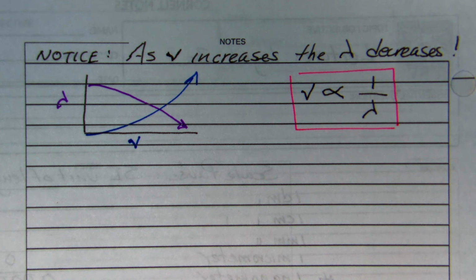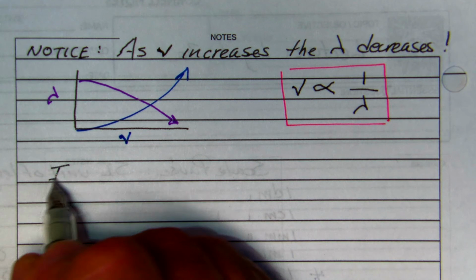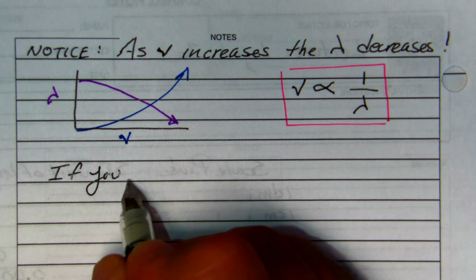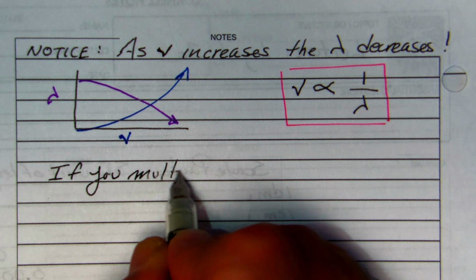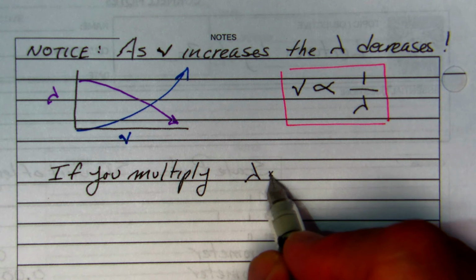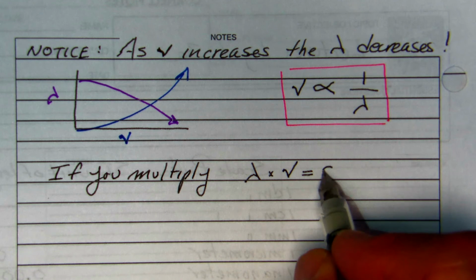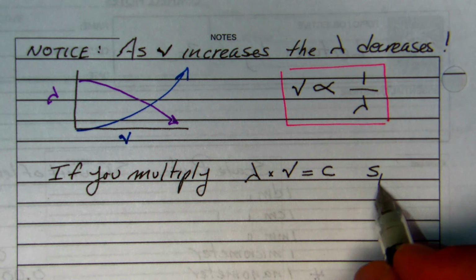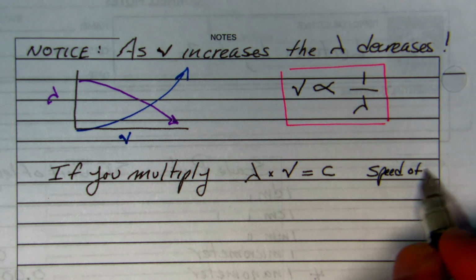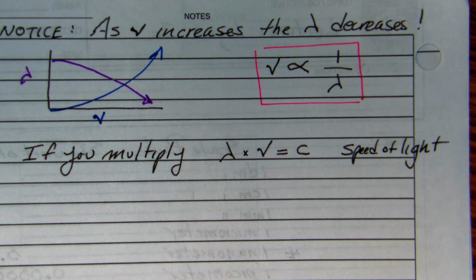Now, having said that, we can do a couple of other things that are really super cool. If you multiply the wavelength times the frequency, that gives you the constant speed of light. This is really key.